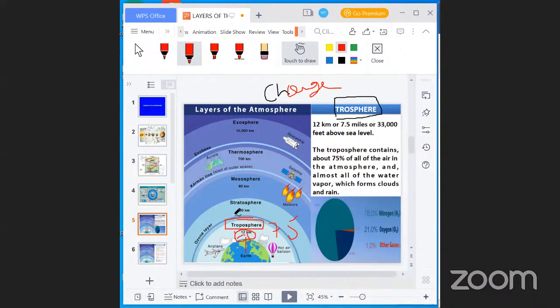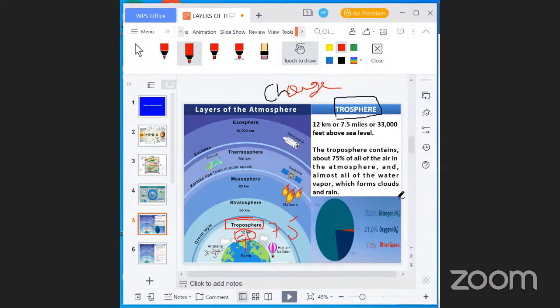The air never stays still in this layer. So it means in this layer there are lots of changes. Tropo means change, right? So in this troposphere, lots of changes are happening. That's why it is also called the changing sphere. The troposphere is a dynamic sphere, where lots of changes are happening.